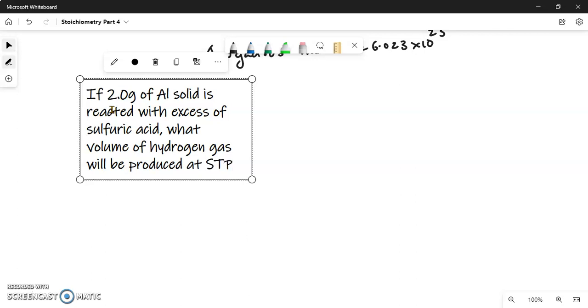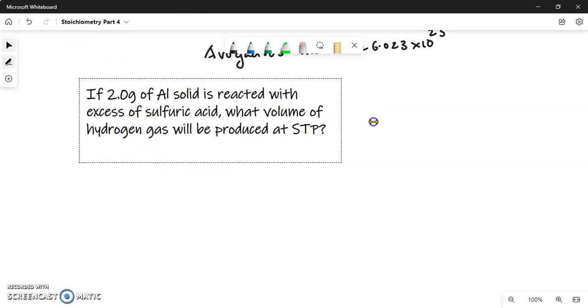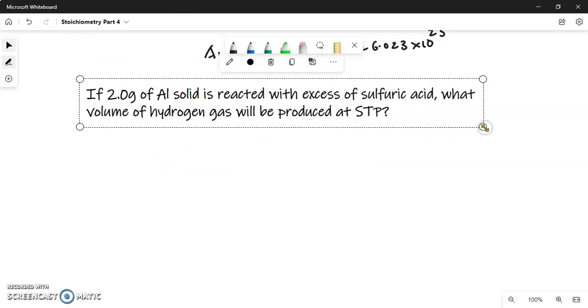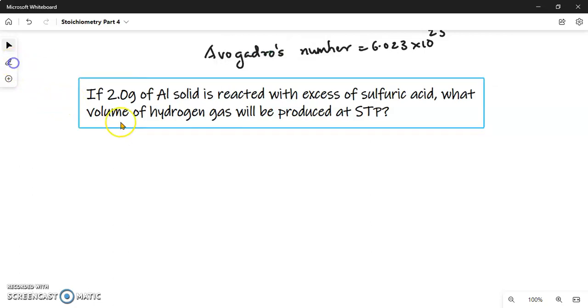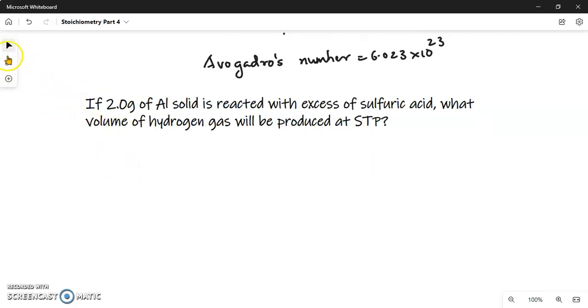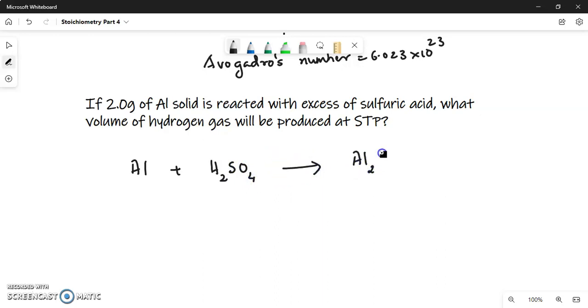So here, the first thing to do, as always, is to write the balanced equation, which we have already written on top. So we will just repeat it here again. It will be aluminium plus sulfuric acid, H2SO4, giving aluminium sulfate, Al2(SO4)3, plus hydrogen gas.